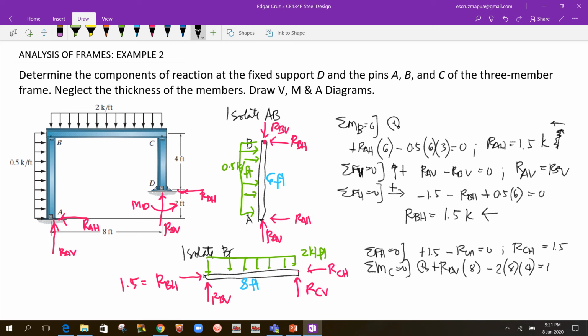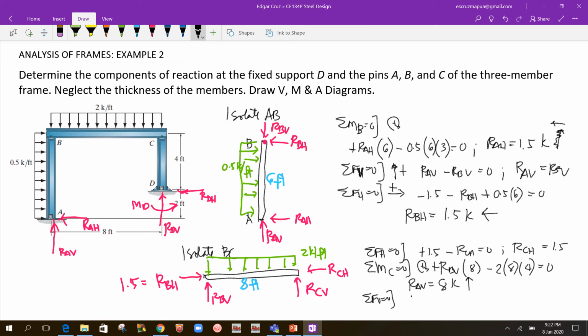Okay, so wala na, everything is equal to 0. So from here I could solve for RBV: 2 times 8 times 4 divided by 8, so that would be equal to 8. So positive yung 8, so that means RBV is upward.